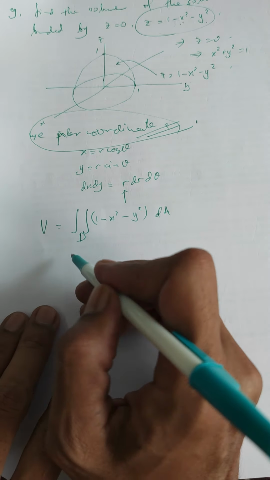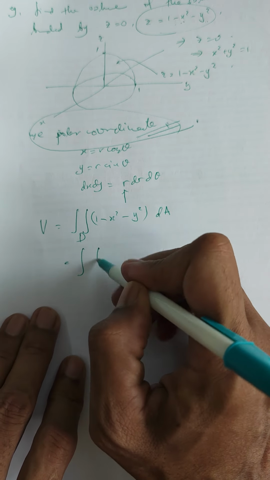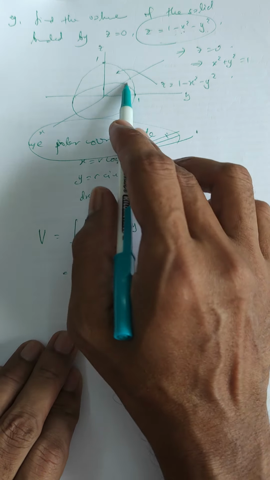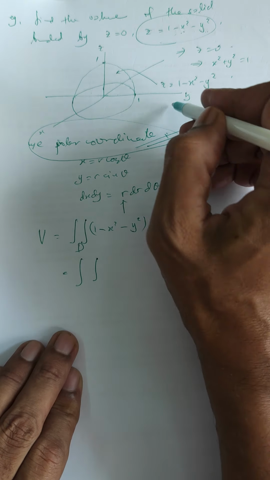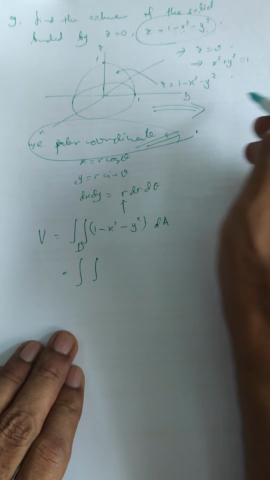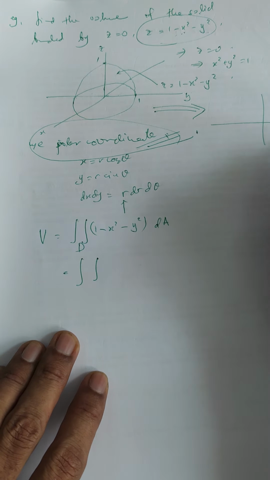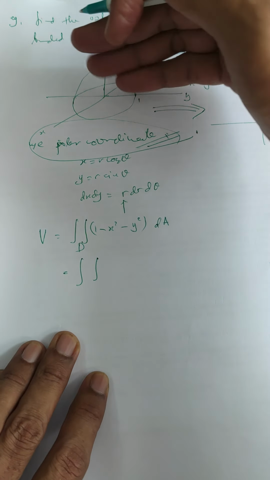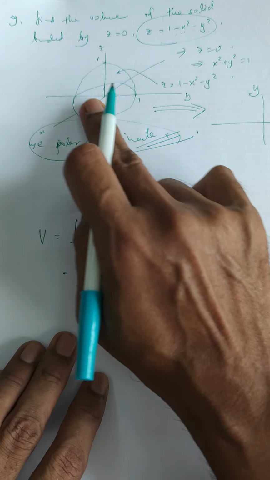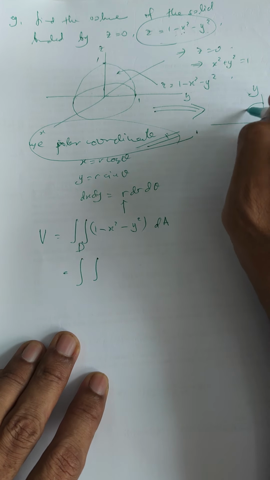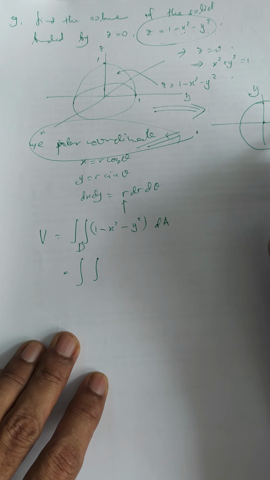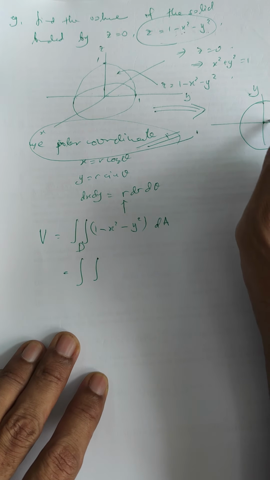Just look at the xy plane: looking from positive z, we map onto a circular region, where r goes from 0 to 1 and theta from 0 to a full circle, 2 pi.